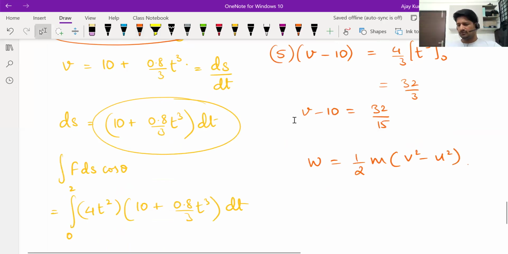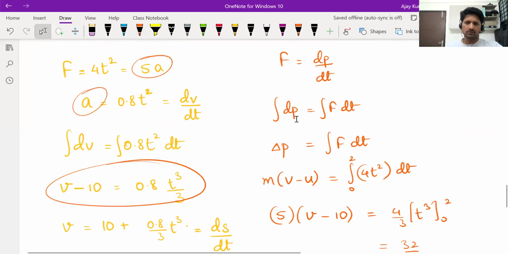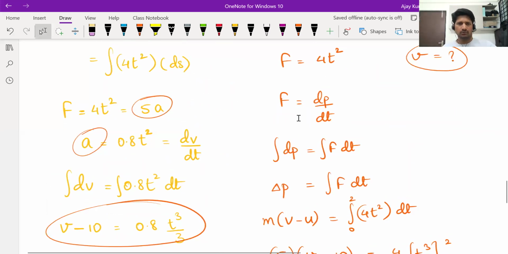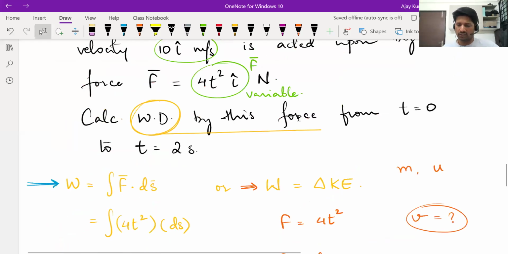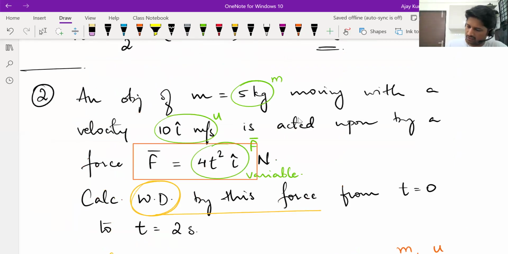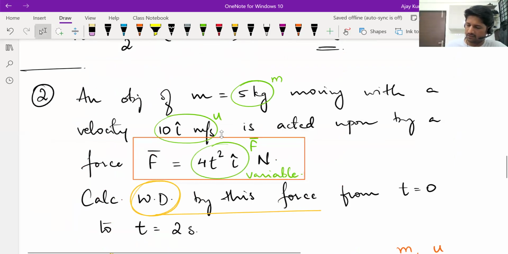When you look at these solutions, it may appear like both solutions are equally lengthy. But once you get used to it, used to what? Whenever you see force as a function of time, you must get the thought in your mind that force can be related to momentum through Newton's second law.